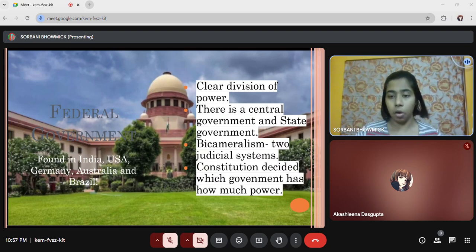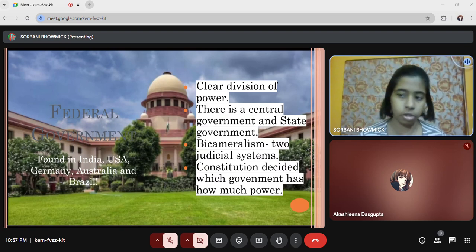Why? The Constitution clearly states what the powers of the state are and what the powers of the central government are. Quick example: changing of state boundaries. The central government, with only one-fourth amount of vote in the Lok Sabha and in the parliament, can change the boundary.